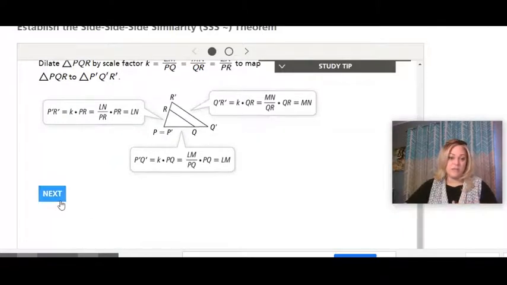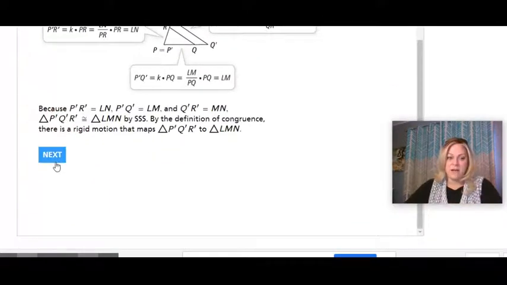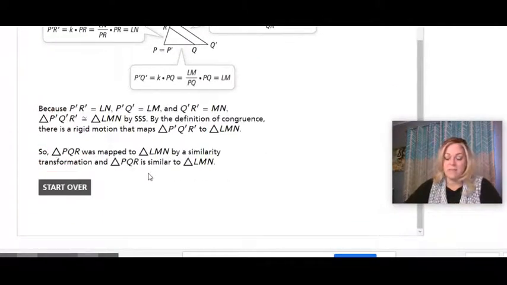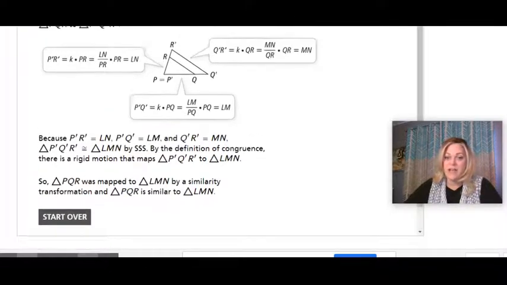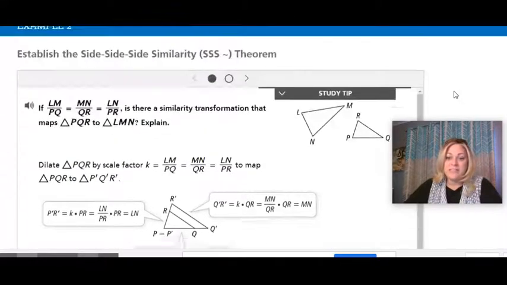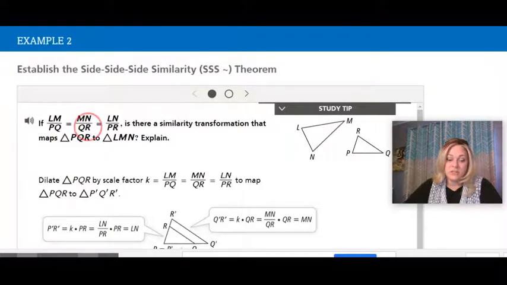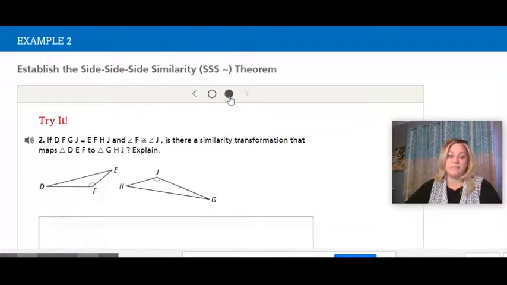It says there is a way to map one triangle onto the other. What that means is that if their sides are proportional, with the same ratio equal to the same scale factor, then those triangles are indeed similar, and that's SSS, or side-side-side similarity.